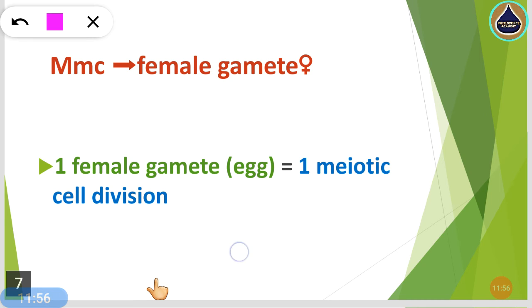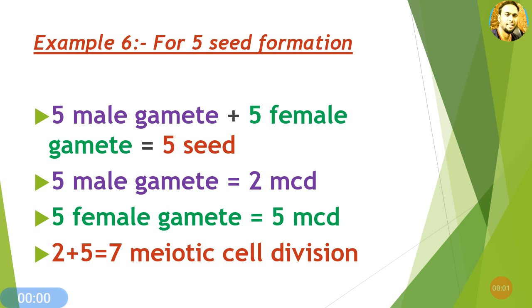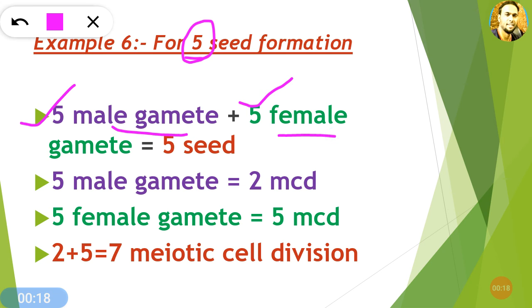It means if one female gamete is needed, one meiotic cell division is needed. Now example number 6. If a plant has to produce 5 seeds, the requirement is 5 male gametes as well as 5 female gametes. When 5 male gametes fuse with the 5 female gametes, it will produce 5 seeds.